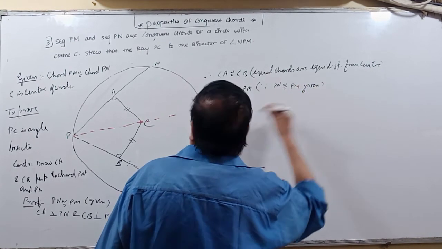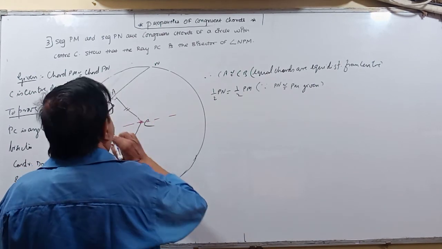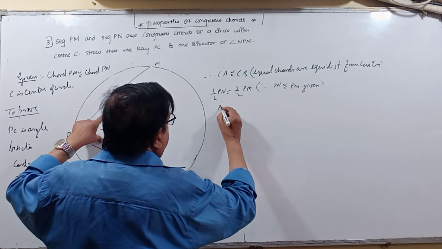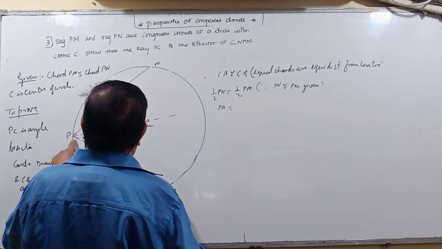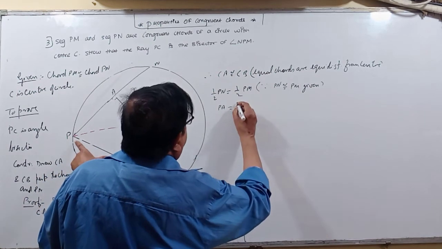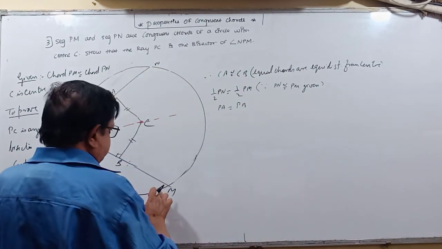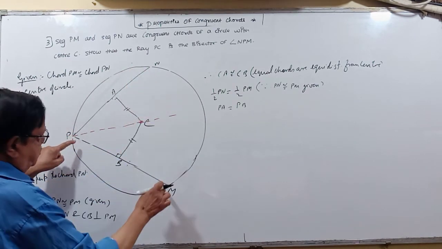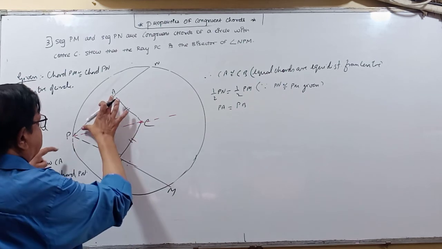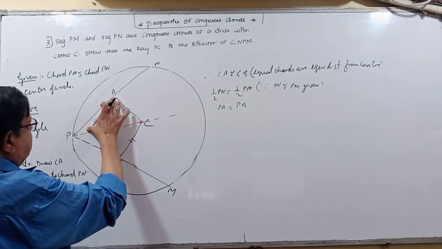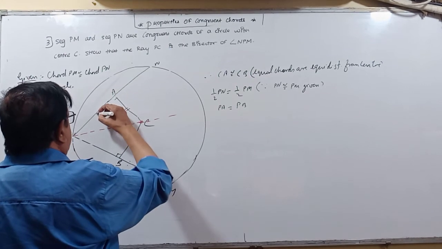They are given that this is congruent to this. What is half PN? PA equal to half PM, PB. PN congruent to PM, so half PN congruent to half PM. So PA congruent to PB. So we have proved that this is congruent to this.